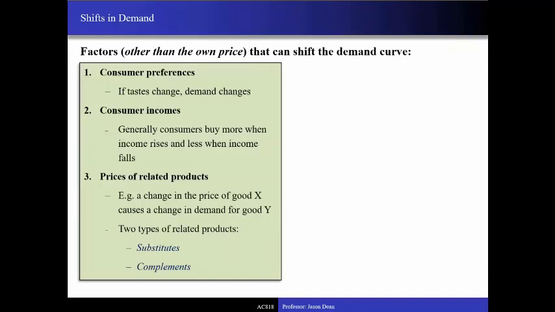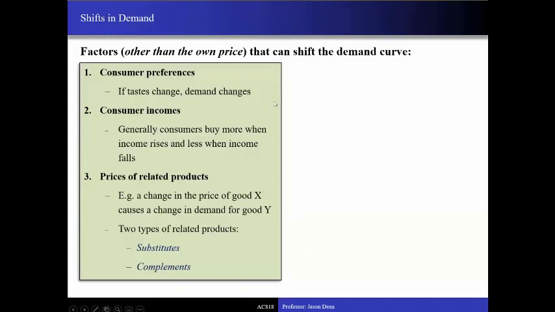Complement goods are another example of related goods. So you could think of maybe hamburgers and hamburger buns, right? If for whatever reason the price of hamburger buns were to triple, what would happen to the quantity demanded of hamburgers? Anyone? So let's say the price of hamburger buns triples, maybe there's some kind of a shortage of flour. How would that affect the quantity demanded of hamburgers?